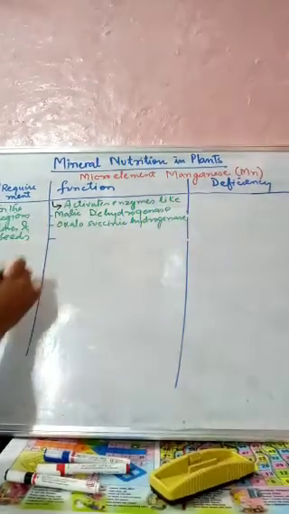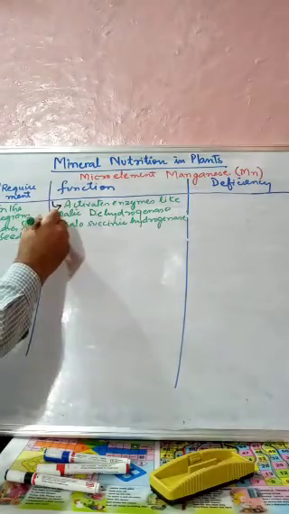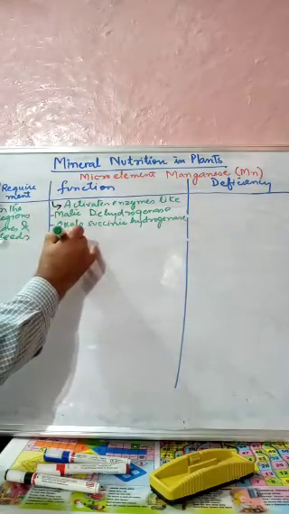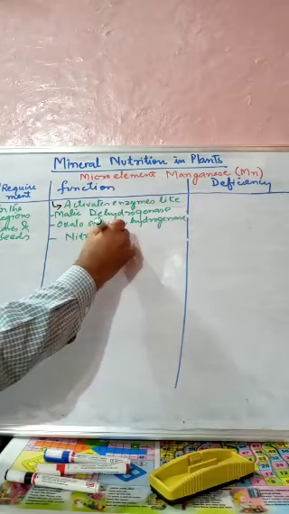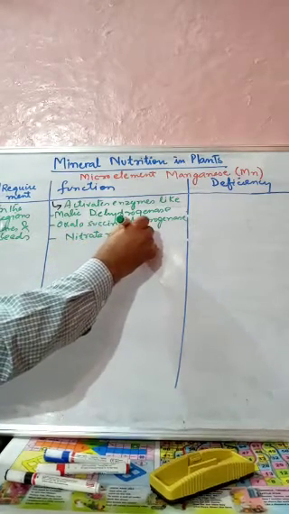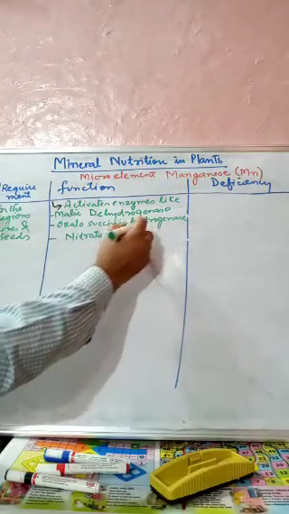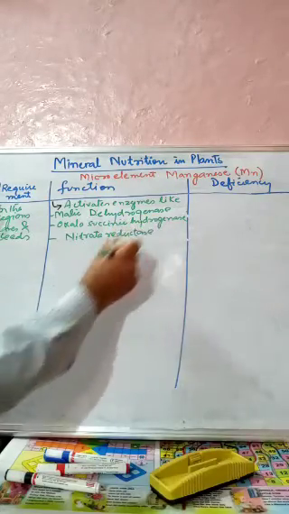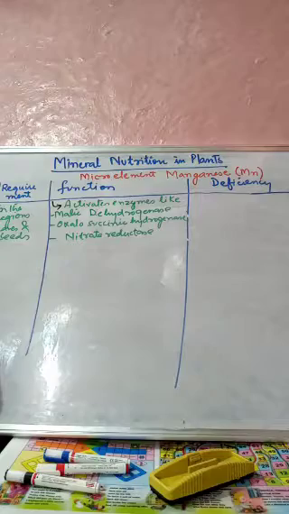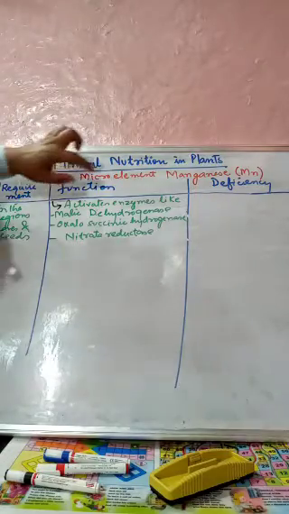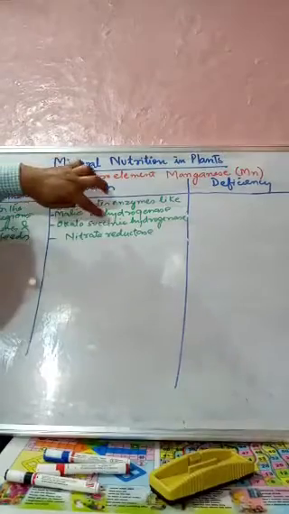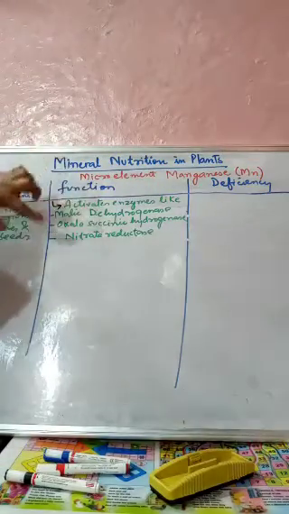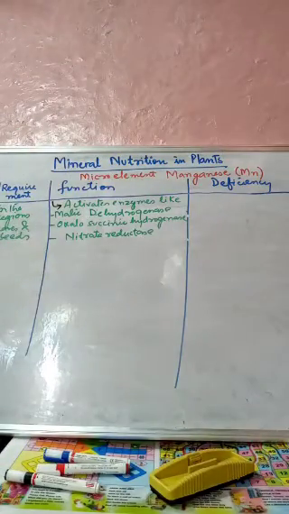Third, we have nitrate reductase. See what functions they are doing. It activates enzymes like malic dehydrogenase and oxalosuccinic dehydrogenase, and third, nitrate reductase.